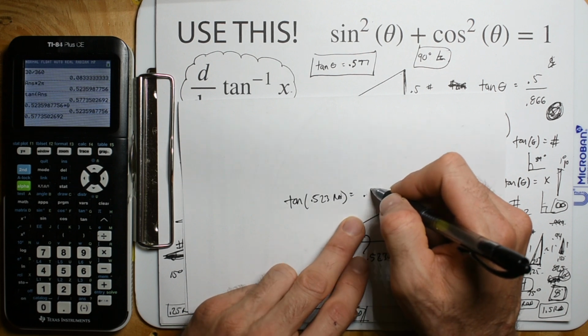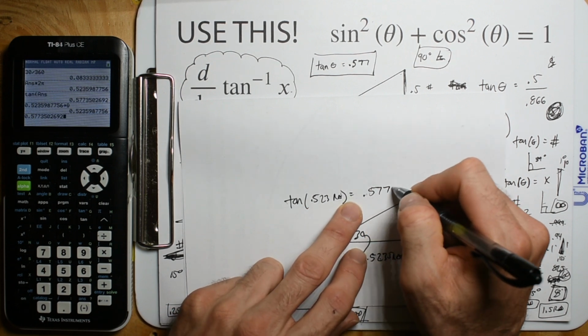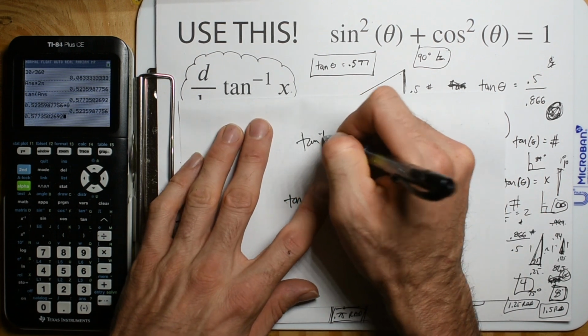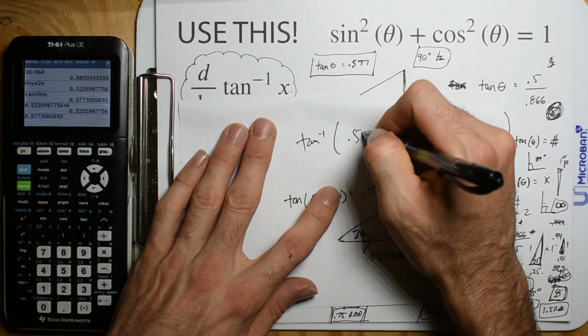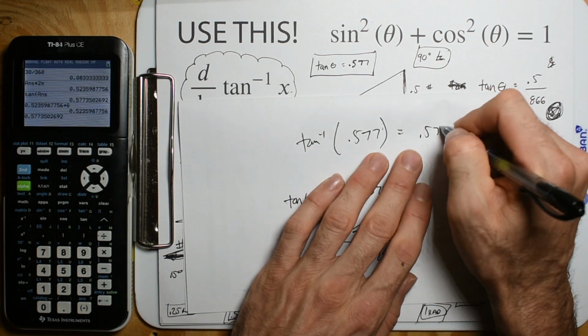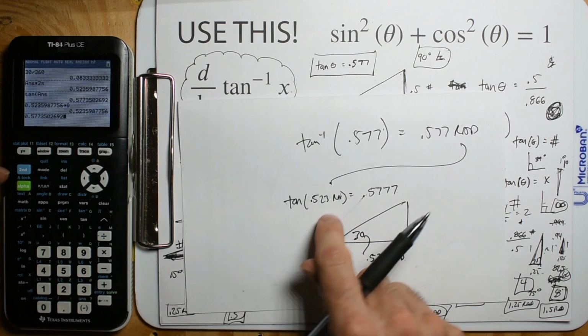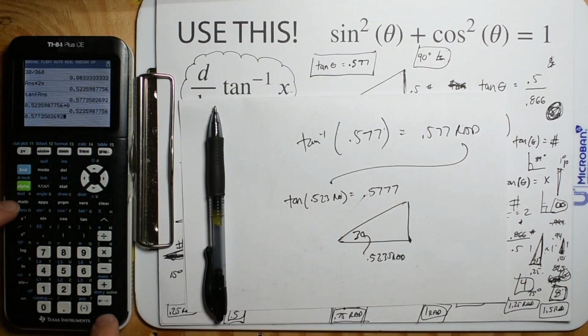And that is the ratio that we're going to get. So what we were saying is that inverse tangent of this ratio, 0.577, could just be the angle, 0.577 in radians. It's not, the angle is this. So now we're going to figure out the difference between those.